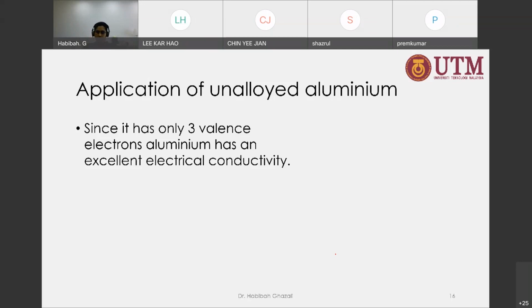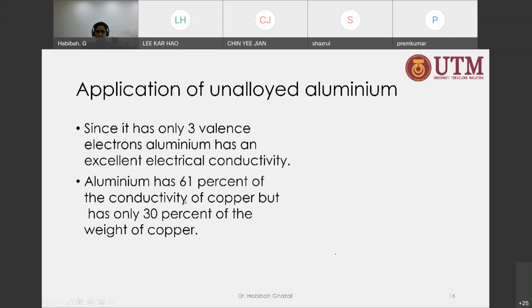It depends on the number of valence electrons. When the number is lower, it's easier for these electrons to be free from that shell. So when we have only 3, it is easy for these electrons to be free from its shell.